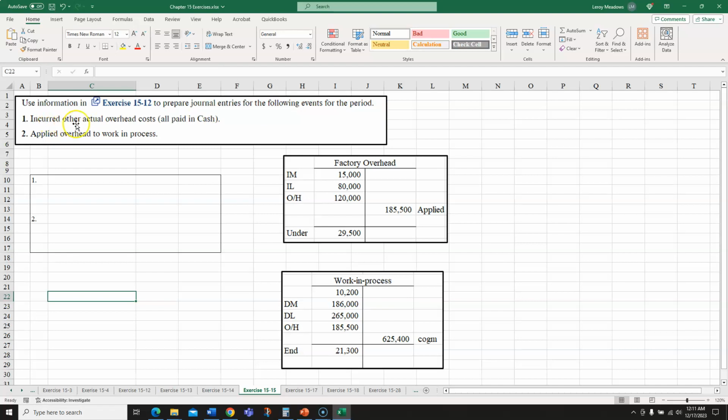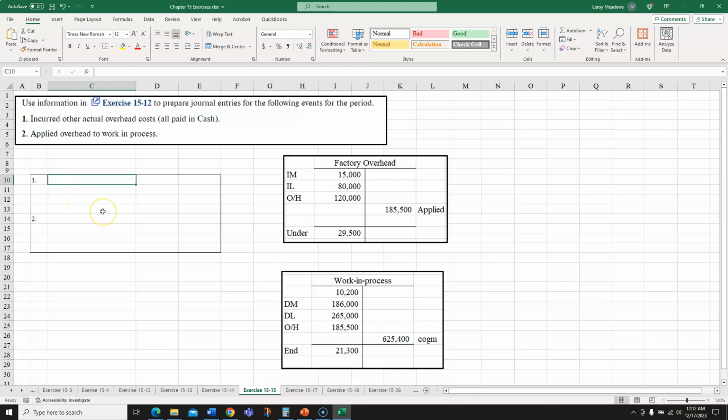Incurred or other actual overhead costs, all paid in cash, and then applied overhead to work in process. Remember in factory overhead, our debits are the actual cost of overhead incurred, and this is the amount applied to the different work in process jobs that we've completed.